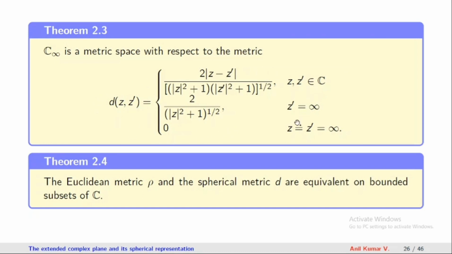With respect to this distance function, C infinity is a metric space. The proof of this result is quite simple.